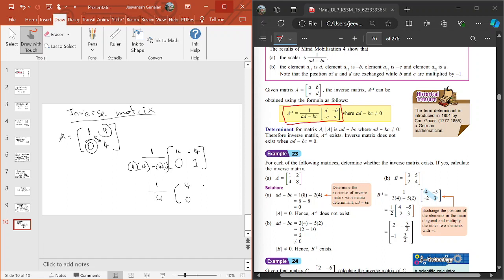So 4, 0, negative 4, 1. And if I do this, I'll get 1 over 4 times 4 is just 1. 1 over 4 times 0 is just 0. 1 over 4 times negative 4, you'll get negative 1. 1 over 4 times 1, you'll get 1 over 4, or you can also tell 0.25, doesn't matter. So this is the inverse matrix of A, and literally that's all.